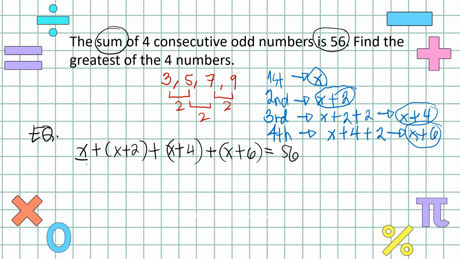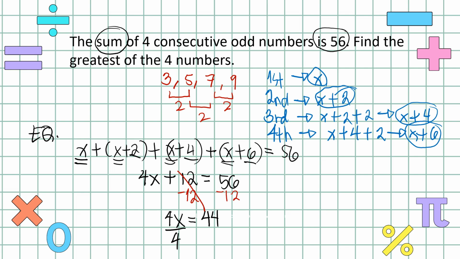Simplifying this, we have x plus x plus x plus x, so that's 4x, plus 2 plus 4 plus 6, that is 12, equals 56. Now let's subtract 12, or add a negative 12. So we can cancel this, and we'll have 4x equals 44.